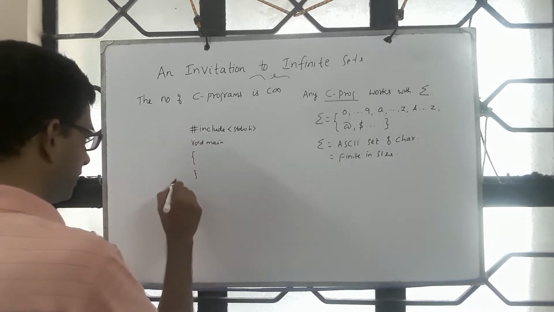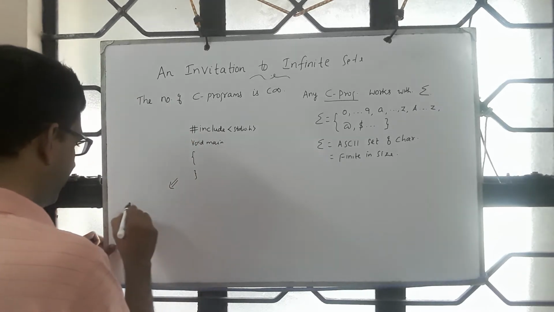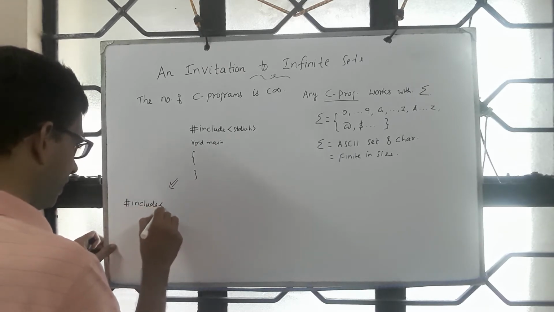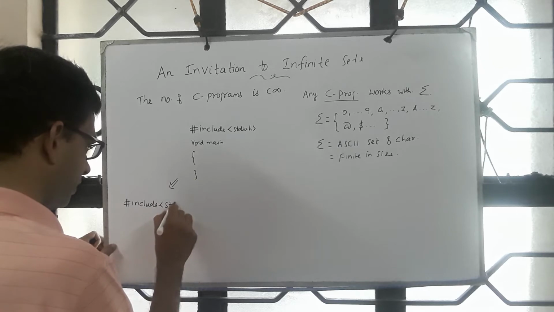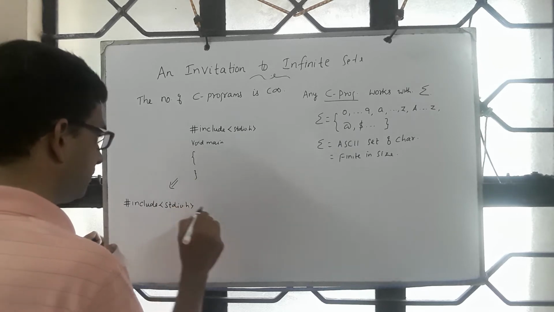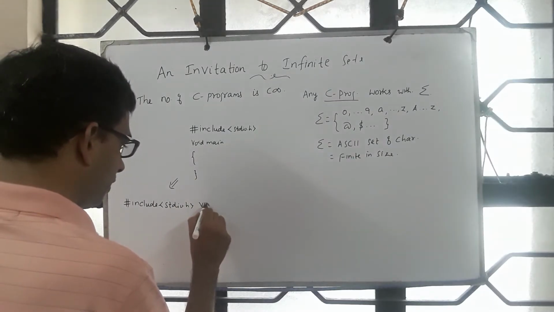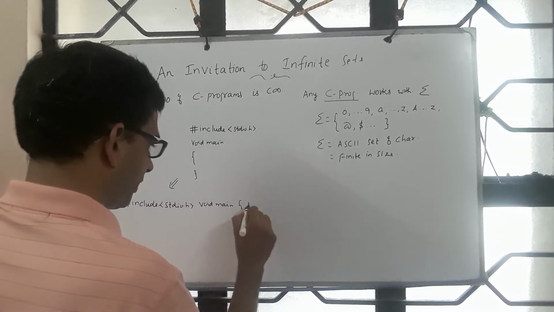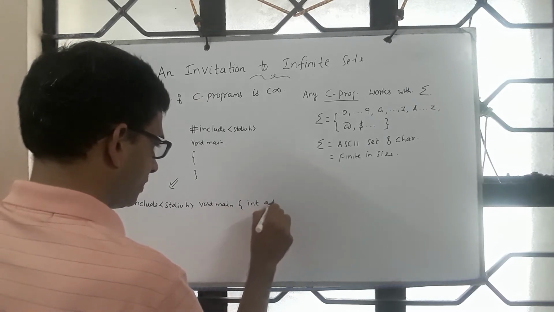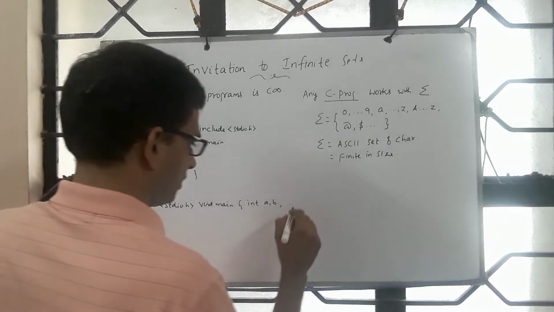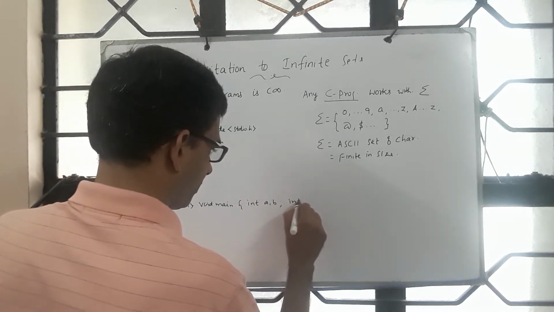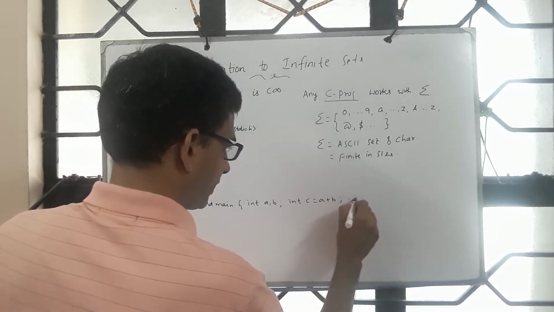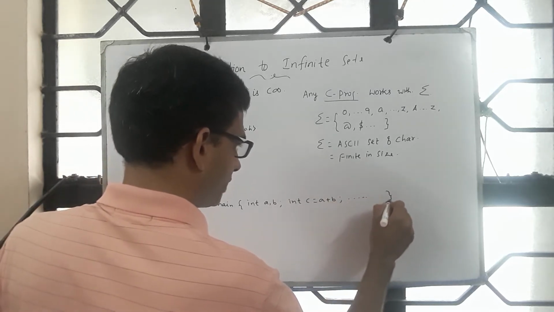Let me rewrite this as something like hash include stdio.h, then void main, then you may declare something, then some computation might happen. Like this it goes.